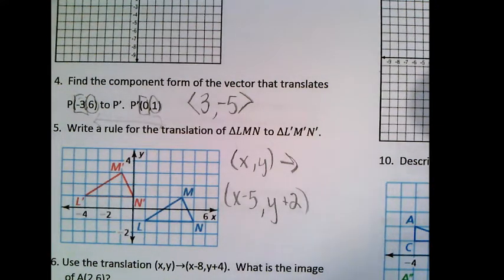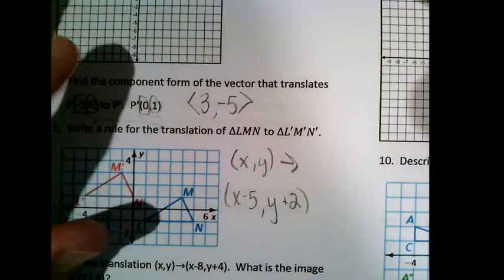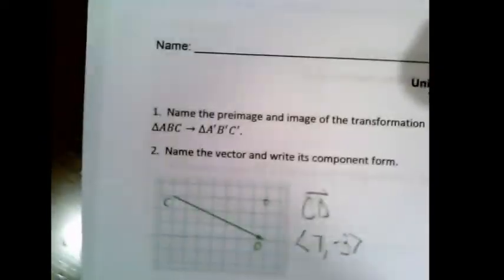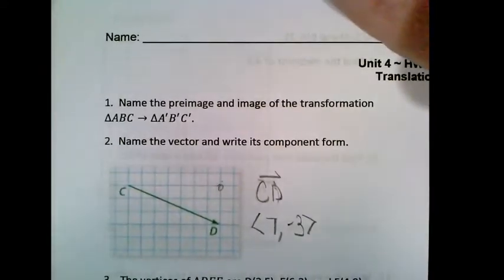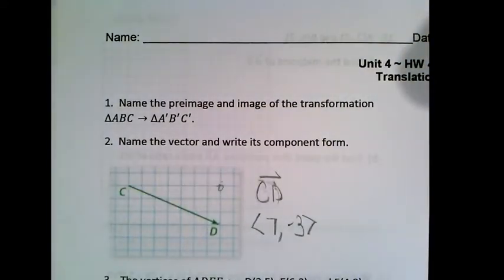Okay, hopefully you got that. Domzi said she'd like to see number 1. Yeah, number 1, that's just kind of a funky question, but it's pretty basic. The pre-image is the image you start with. The image is the primes.